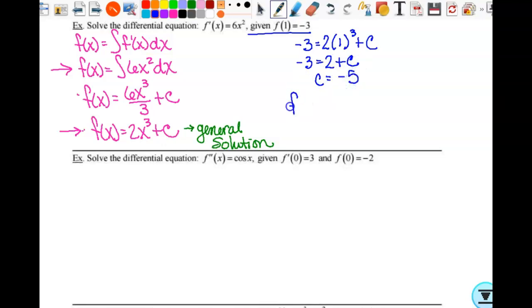So that means that f of x is equal to 2x cubed minus 5, and this is your particular solution. So you have to have a little bit more information to be able to find c. Otherwise, if you don't know one point in the function, you can't figure it out. But if you know one, you can find it.